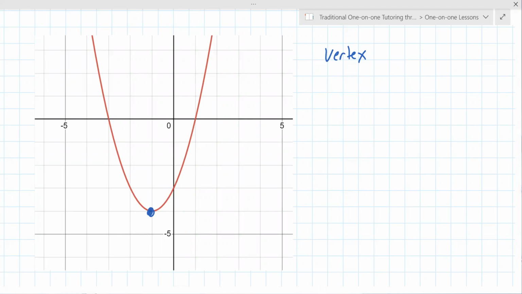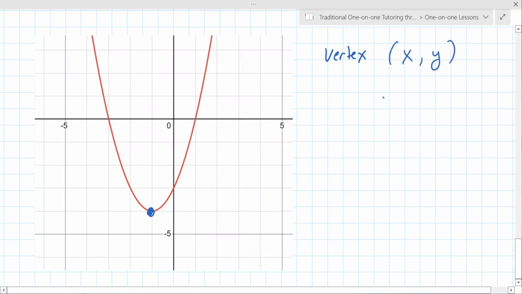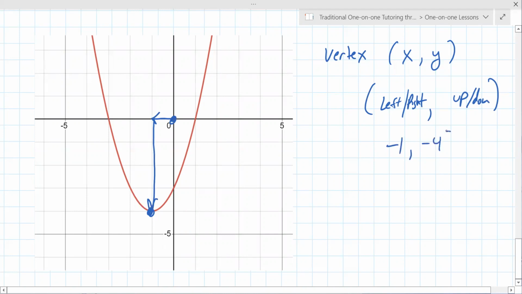Negative 1, -4. Try to consolidate your answer here. In ordered pairs, it's x and then y, which means you go left/right first, whichever direction, then you go up/down. You go left and then you go down. -1, -4. Yes, very good.